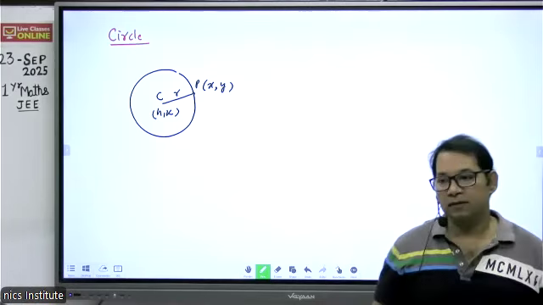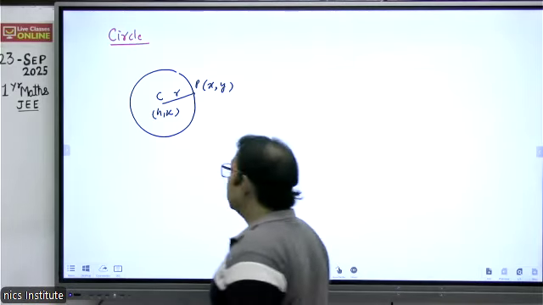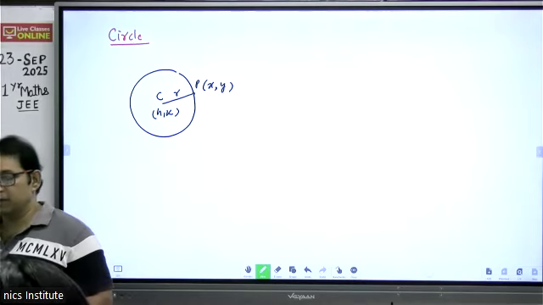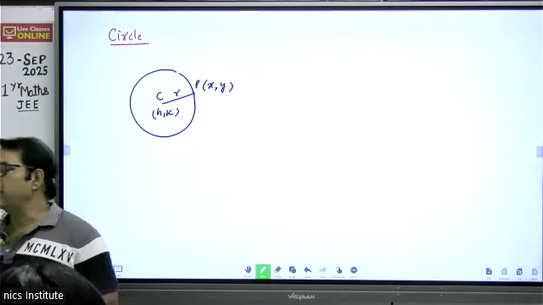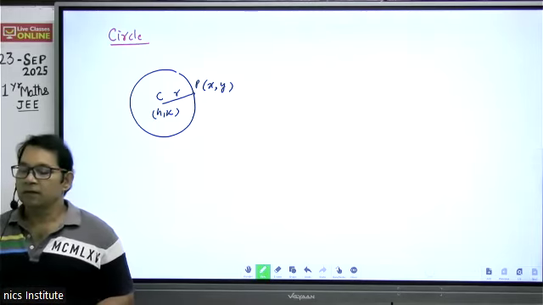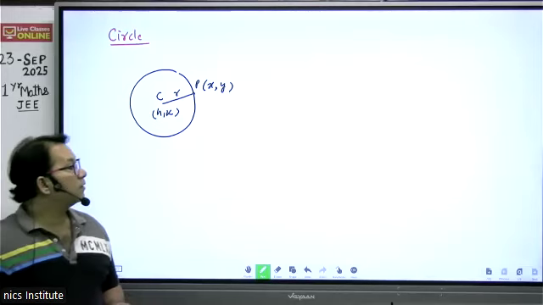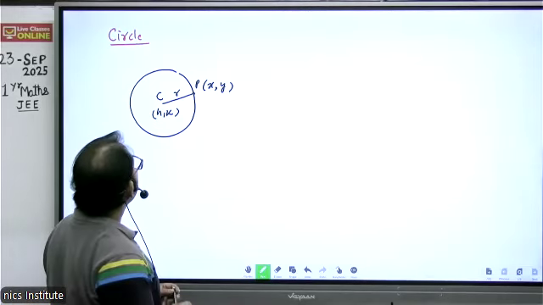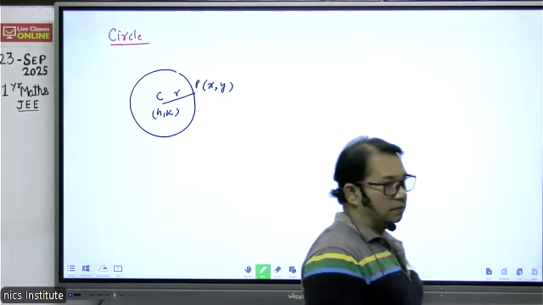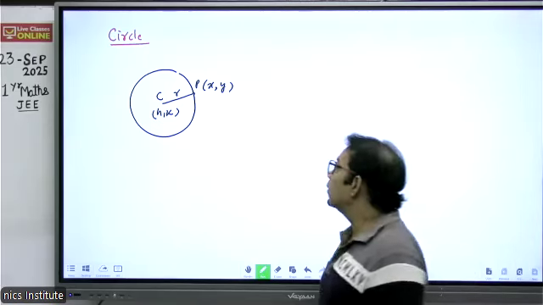Locus of points whose distance from a fixed point called center of the circle h comma k is always constant from a variable point x comma y.